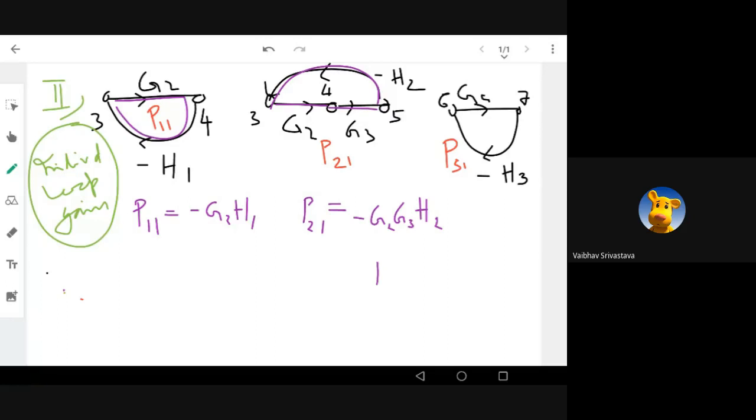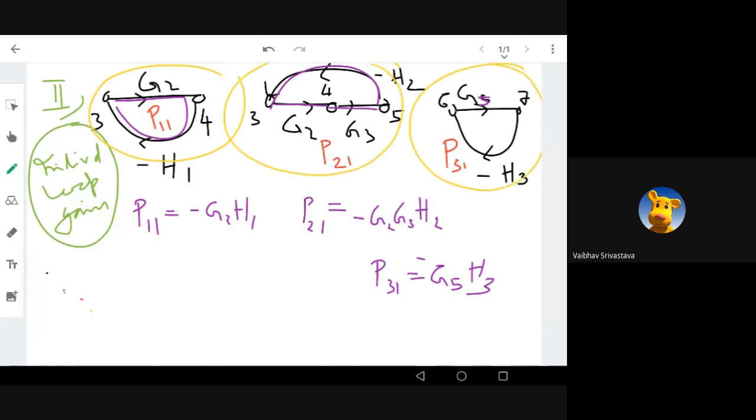And what is P31? We have G5 into H3, with a minus here. So we have calculated the loop gains of the individual loops. This is the second step: you take all the loops individually, find their loop gains, and designate them as P11, P21, P31.